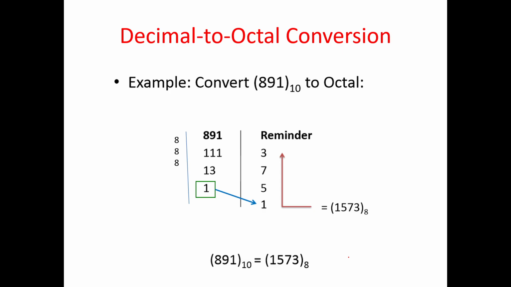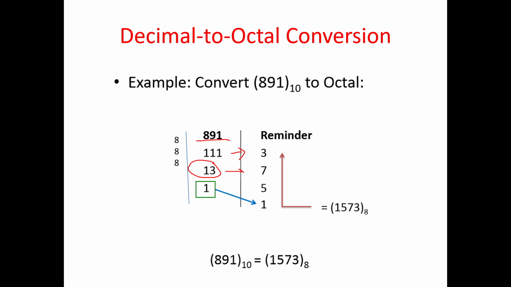We will see another example: converting the number 891 into octal. First, 891 divided by 8. The quotient is 111 and the remainder is 3. Again divide by 8: 111 divided by 8, the quotient is 13 and the remainder is 7.